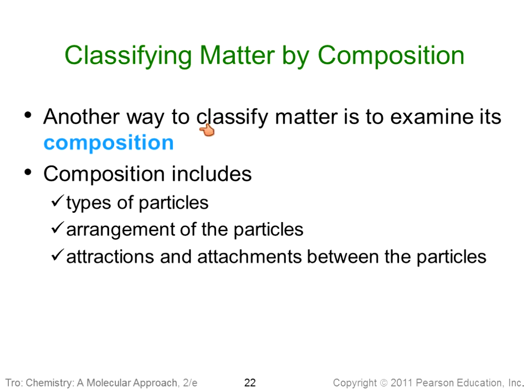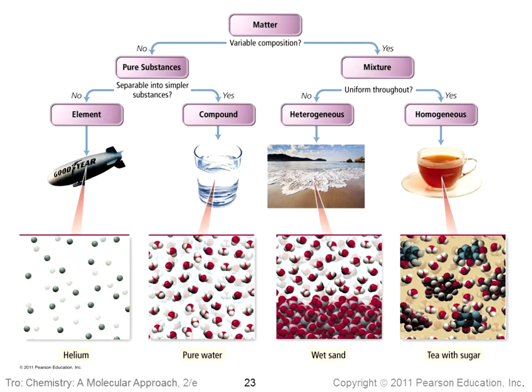Now let's look at composition. So we can classify matter by its composition. One, is it a pure substance, meaning that's the only substance there. As a pure substance, it can be either an element or a compound.